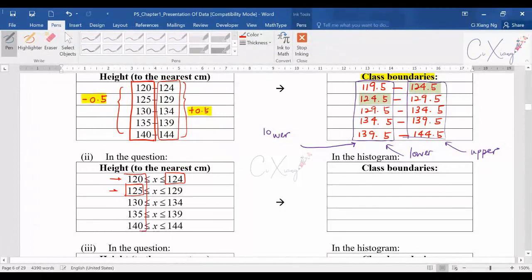Again, how to do the adjustment? This part, minus 0.5. And this whole thing, you have to plus 0.5. After you do it again, you have 119.5 to 124.5, and then 124.5 to 129.5, and so on.